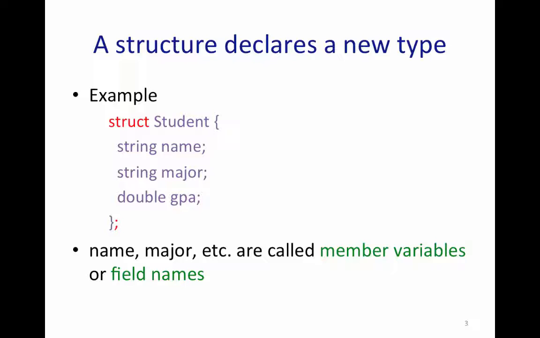This is what a struct declaration looks like. It has the struct keyword, the name of the struct, and then a list of fields or member variables. The two terms are synonymous. They give a list of the data we wish to store in that record, and it creates a new type called student.